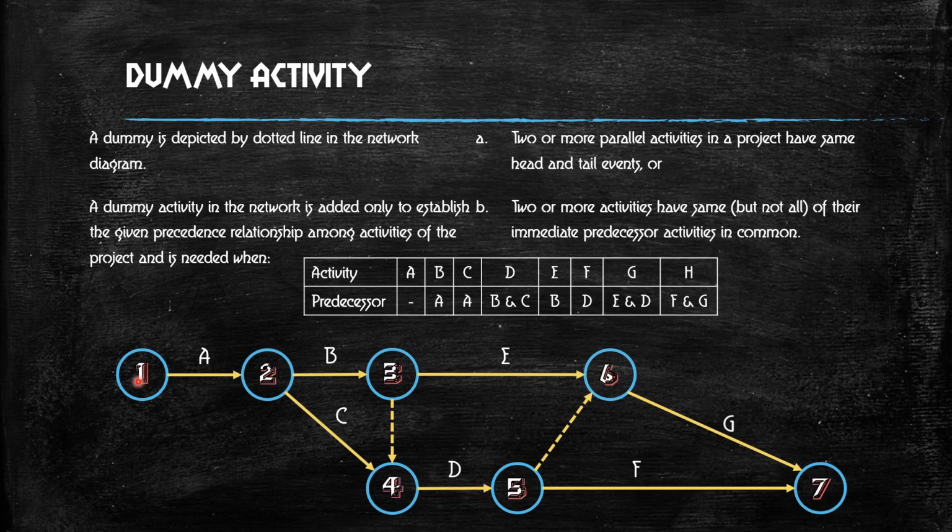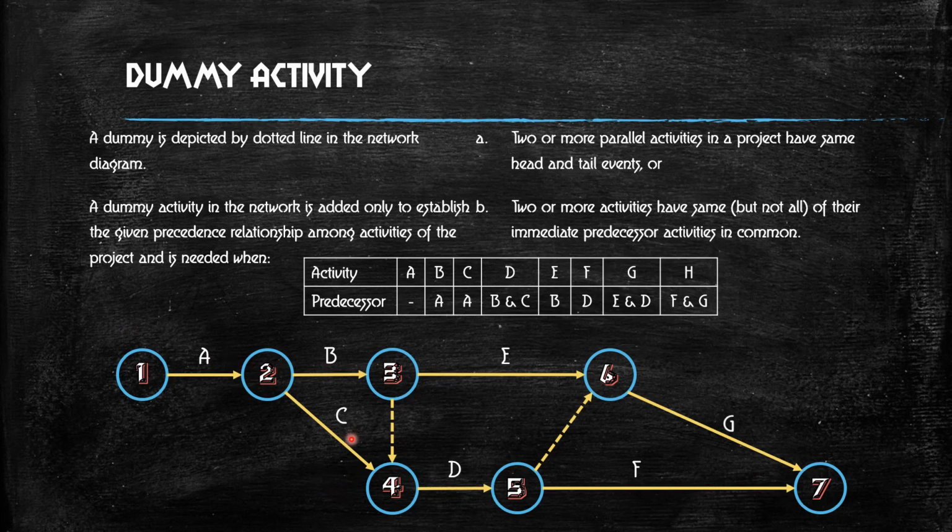Now numbering. Okay, as I told, you have to number from the left hand side. 1, 2, 3, 4, 5, 6, 7. If you see this activity, okay, 2 is greater than 1. Then if you see B, 3 is greater than 2.